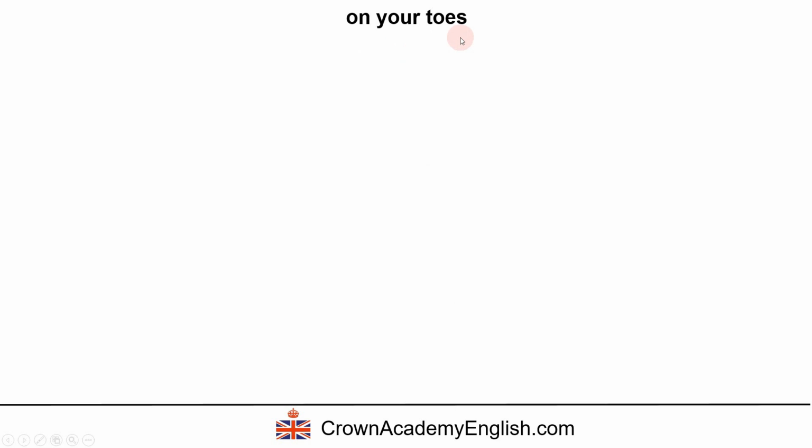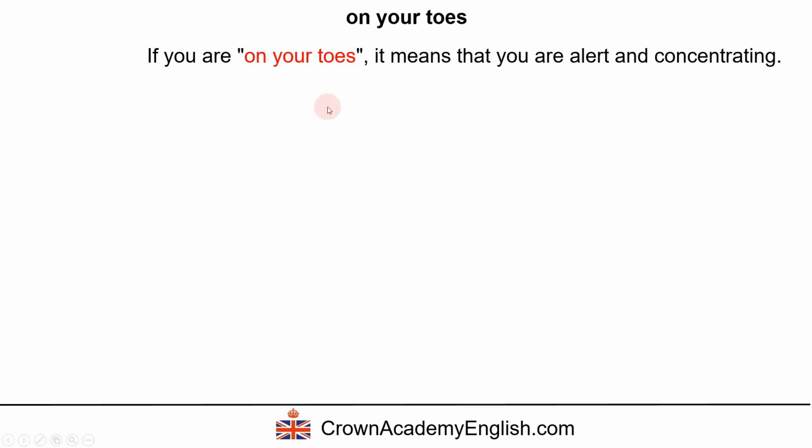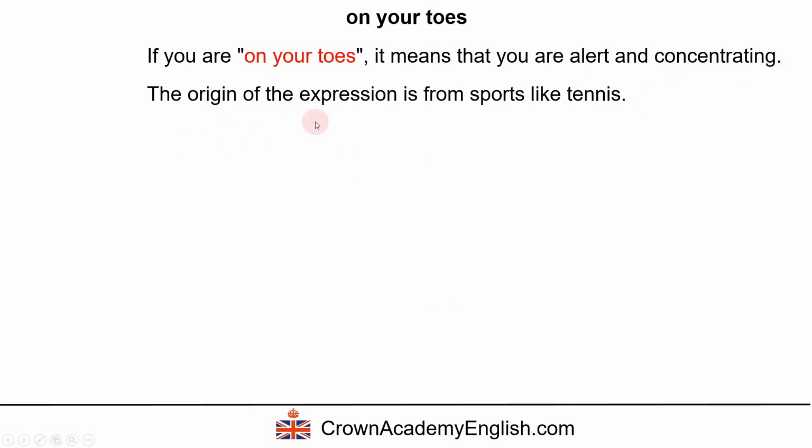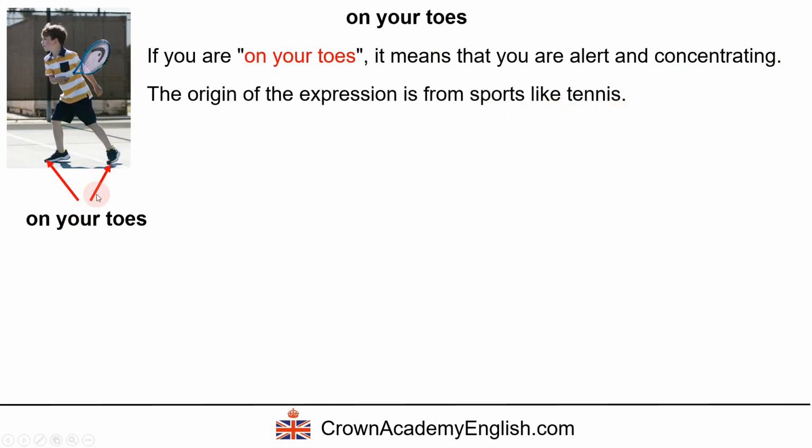On your toes. If you are on your toes, it means that you are alert and concentrating. And the origin of the expression is from sports like tennis, for example. You can see here the tennis player, the boy, he is on his toes.